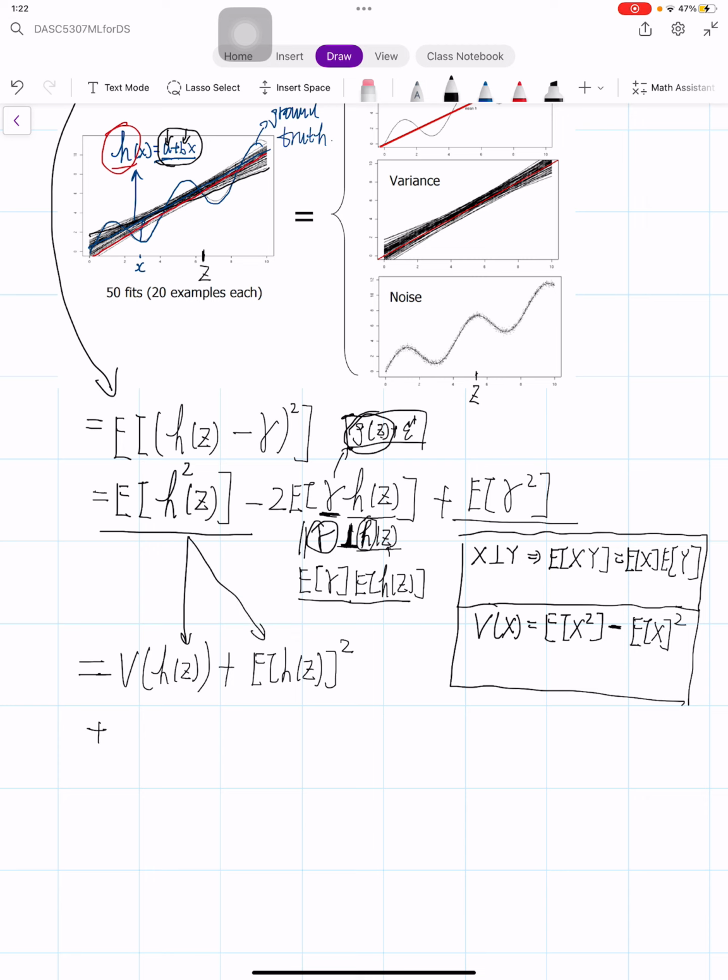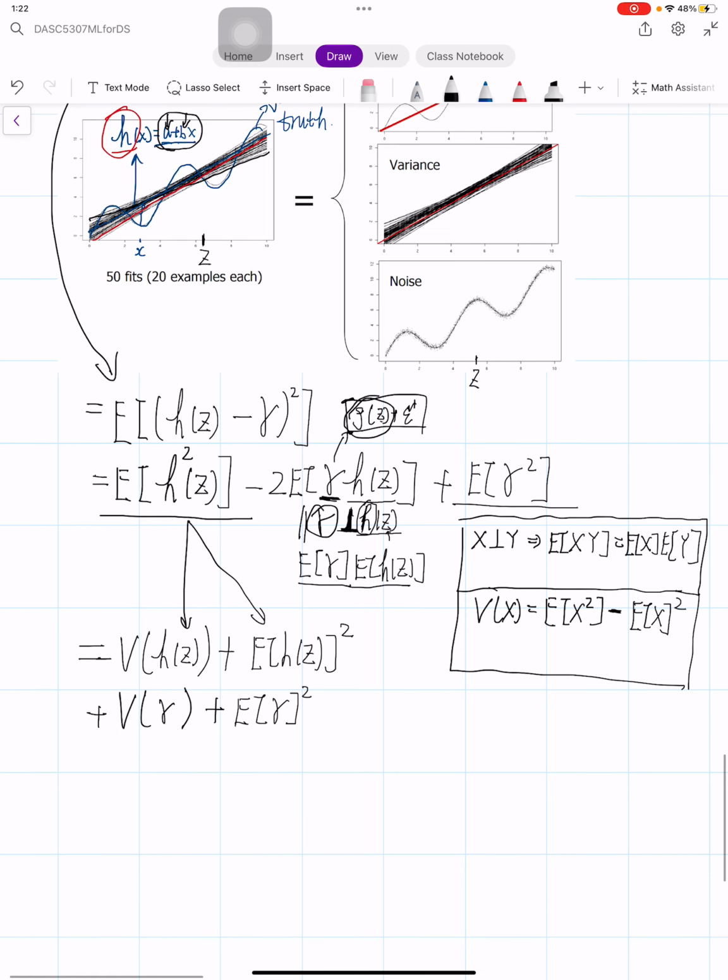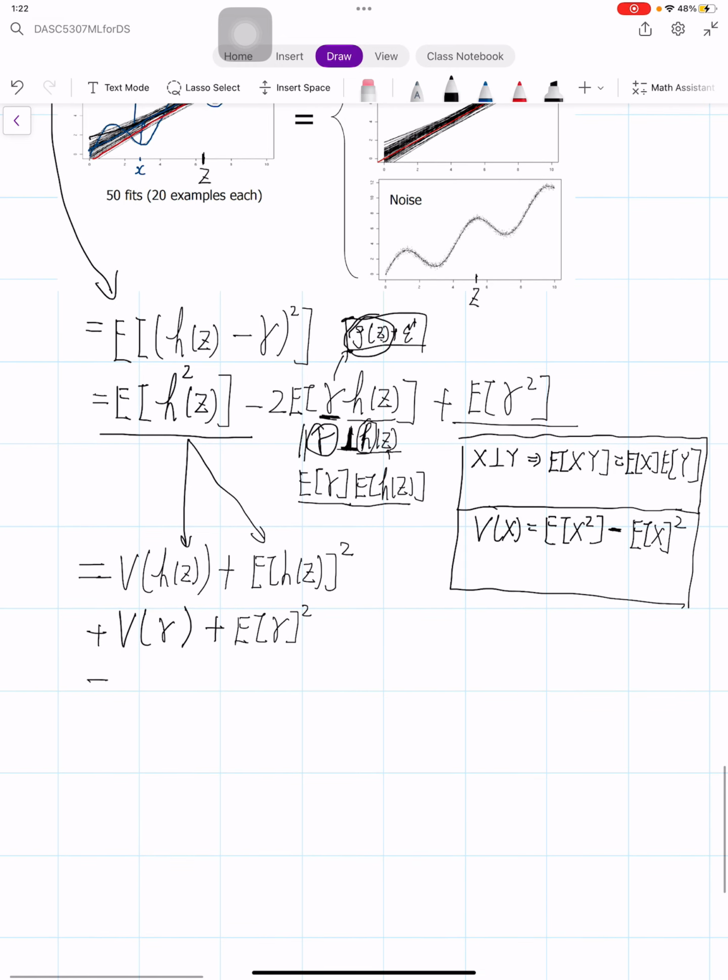The second term, the expected gamma squared, we can also write as the variance of gamma plus the expected value of gamma squared, and minus 2 times the expected value of gamma times the expected value of h(z).